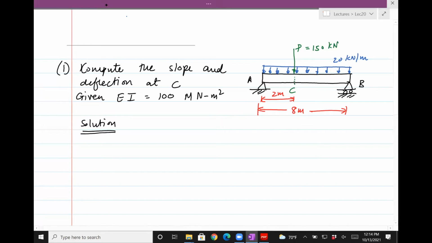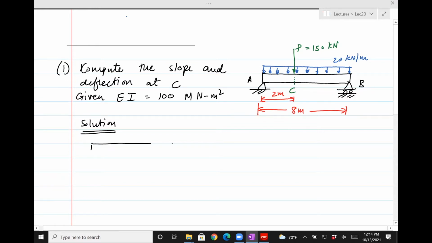So let's draw the beam with a point load of P, and then the beam with distributed load.